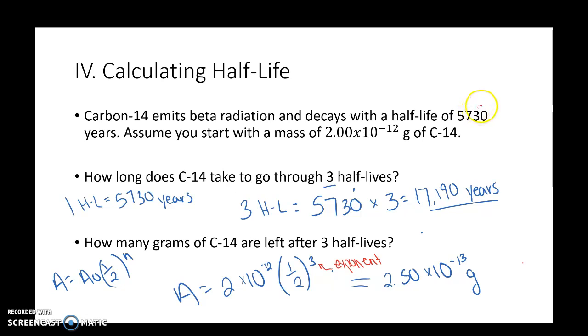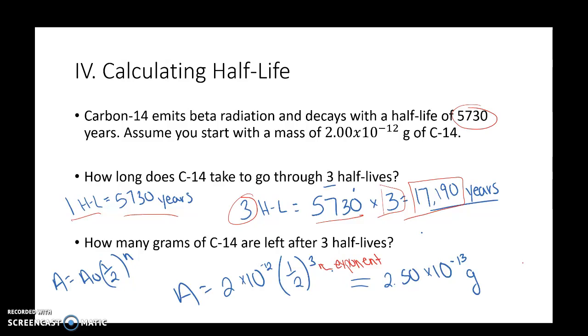So every single half-life is 5,730 years. So if we have 3 half-lives, we're just going to multiply one half-life by 3, and that'll get you 17,190 years. In 17,190 years, carbon-14 has gone through 3 half-lives.